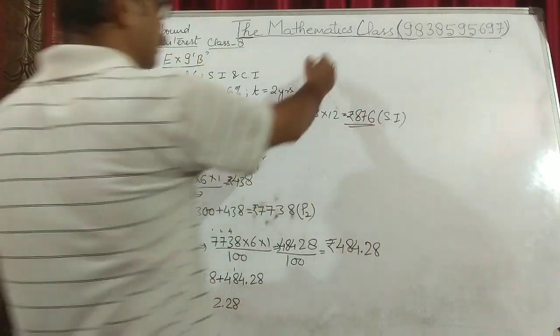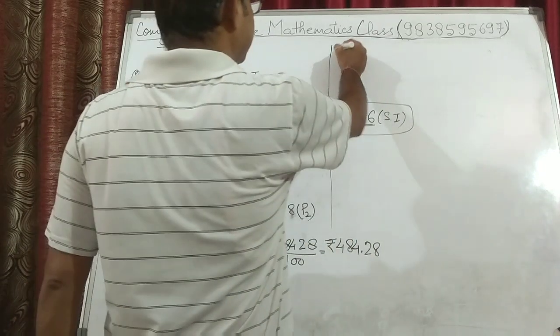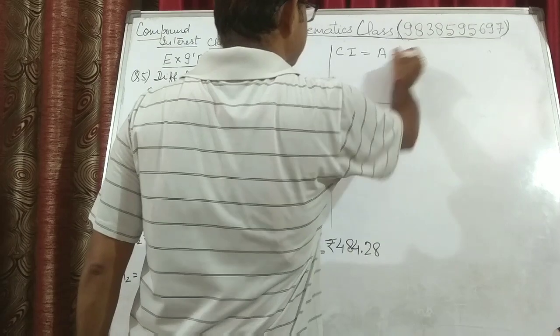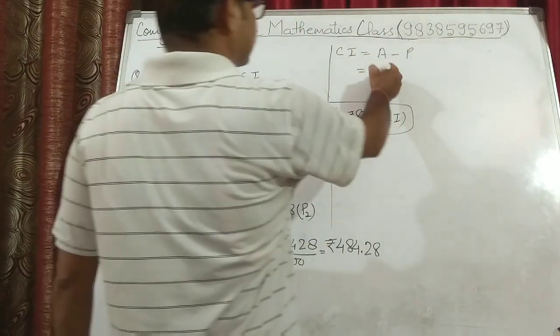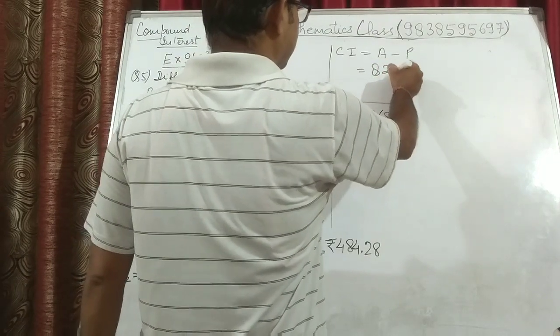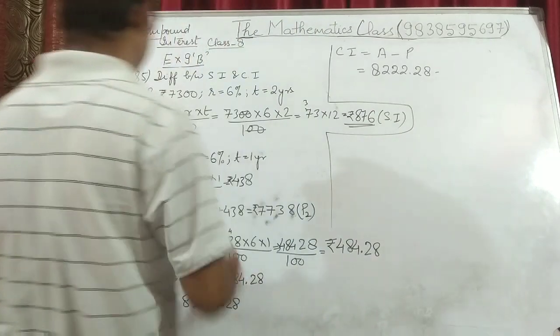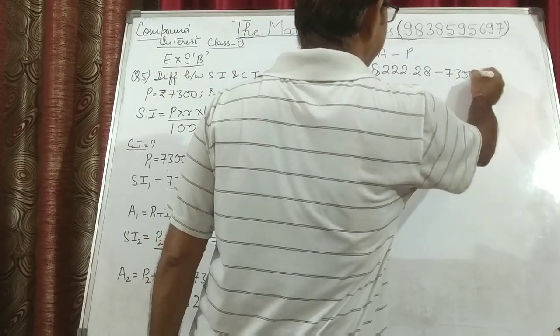So what will be the compound interest? Compound interest we know is amount minus principal. Amount stands for final amount, that is 8202.28 minus principal was 7300.